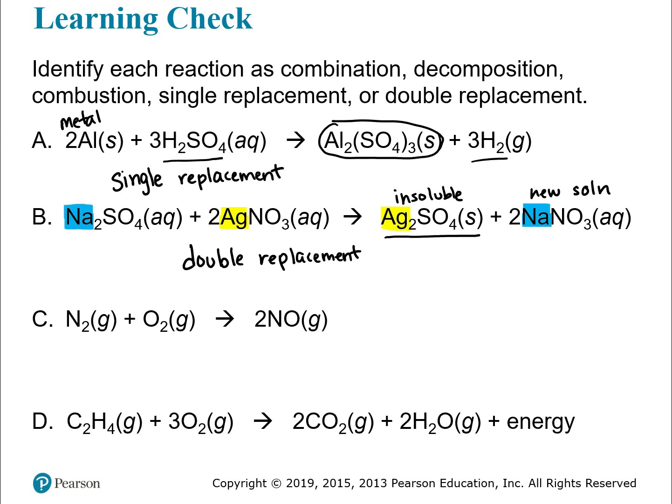In C, we've got multiple reactants and one product. That's a combination reaction.